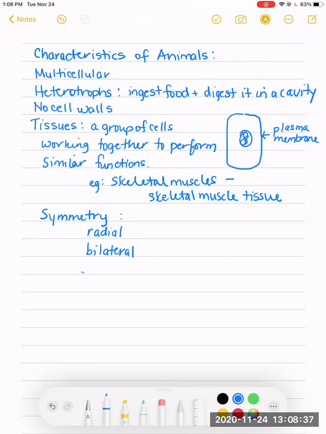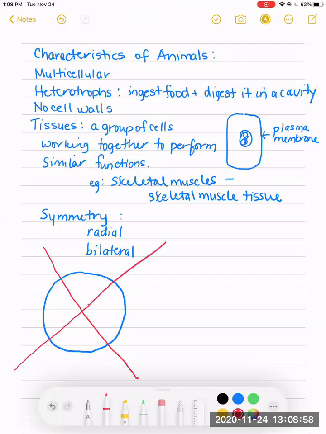Radial symmetry means that you usually have a round organism that can then be divided in a number of ways so that the two halves are identical. So if we divided this organism this direction, these two halves would be identical. We could also divide it this direction or this direction. And in all of those directions, we could get two symmetrical halves.